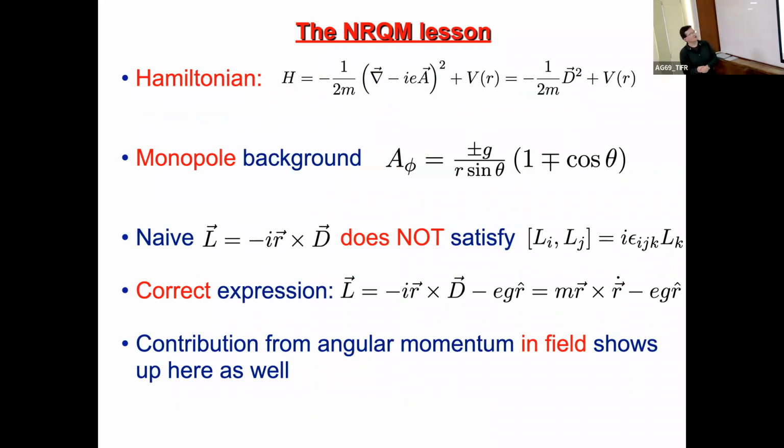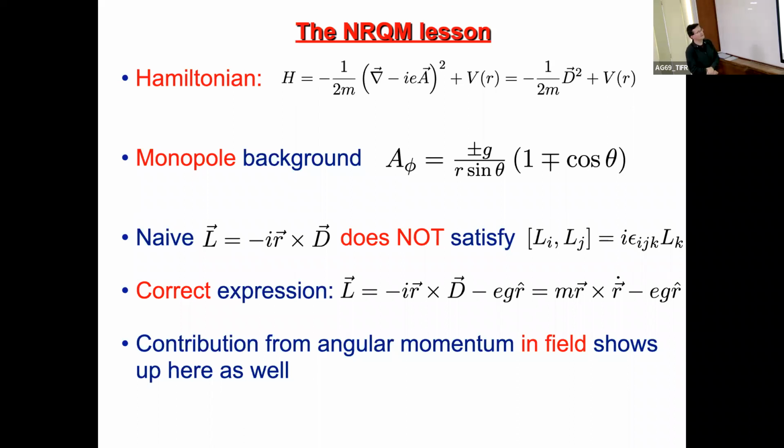You can see this also from a quantum mechanical approach to magnetic monopoles. Yes, so you know how to write the Hamiltonian of a charged particle in an electromagnetic field. Yes, and then you can just ask, okay, so let me just take the vector potential for the magnetic monopole. That's something that has been known for a long time.